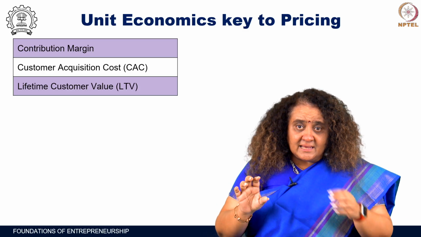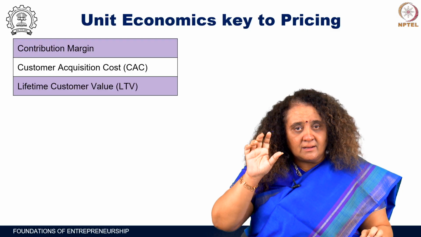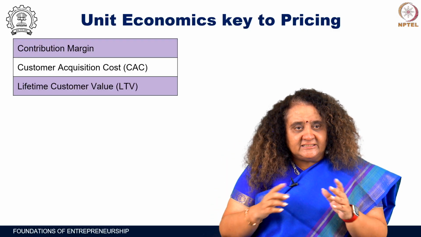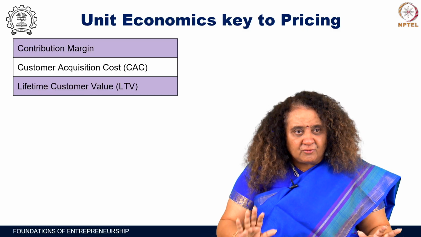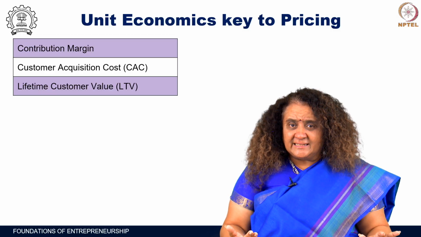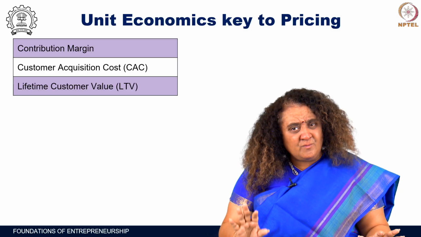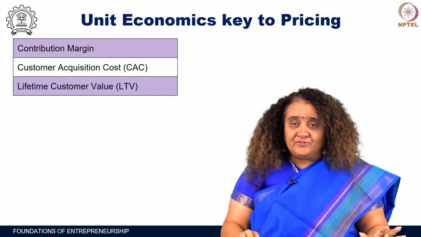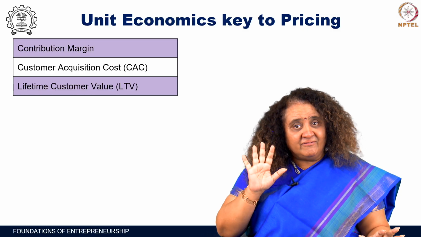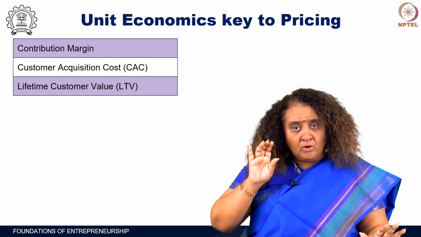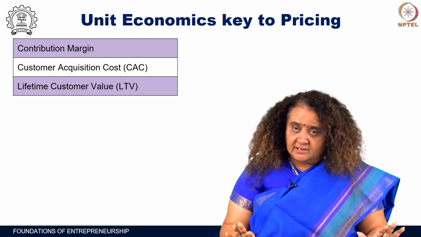Those are the things that you need to sell one cup of tea. So, if the cost of all of these together, let us say adds up to 5 rupees, we can choose to price it at 6 or at 10 or at 20. Let us assume we price it at 10. The difference between 10 and 5 is called contribution margin, where all the variable costs have been taken into account.